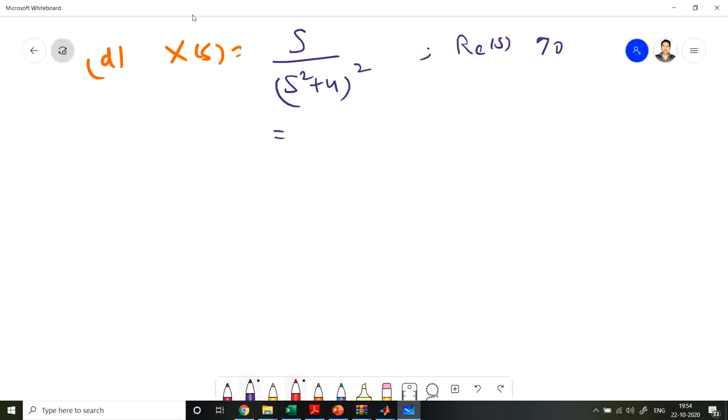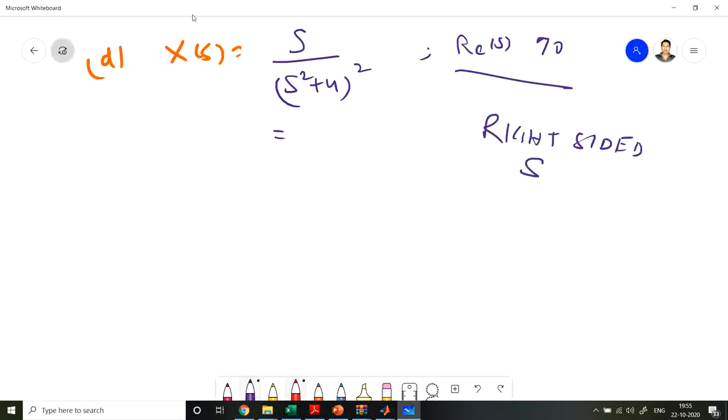The real part of s greater than 0 means we have to apply one of the properties. Real part of s greater than 0 means it is a right sided signal.